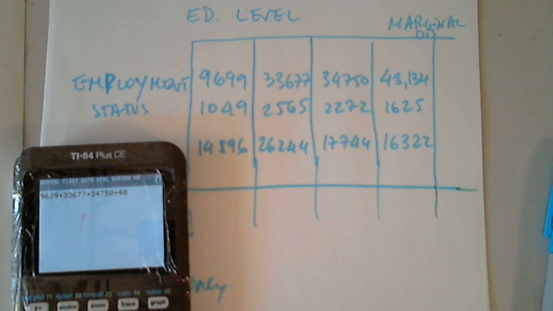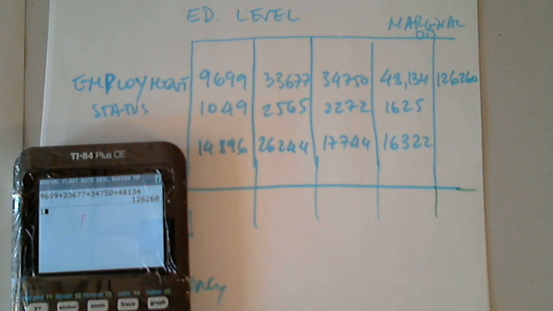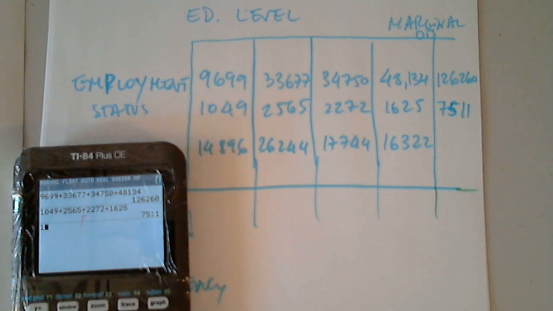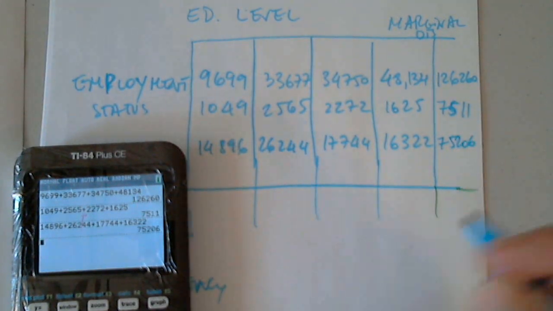For the first one, I got 126260. Please check my numbers. I need anyone to confirm. Then 7511, and 14896 plus 26244. Your first row is right, thank you very much. And 75206.